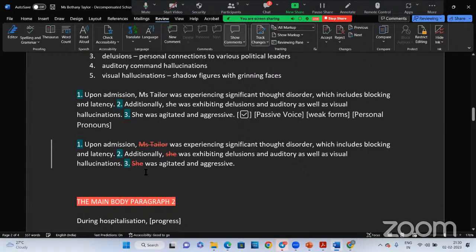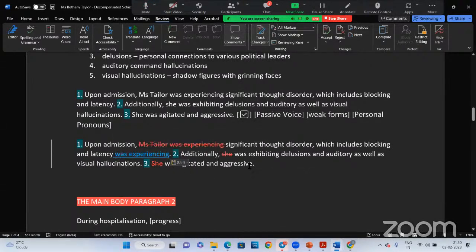She, no need. Now, what we are going to do, see here. We'll start with what is newly introduced here, significant thought disorder. This is the hero of this particular sentence. So we are starting the sentence from here.